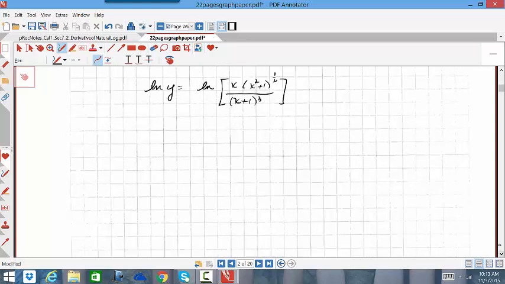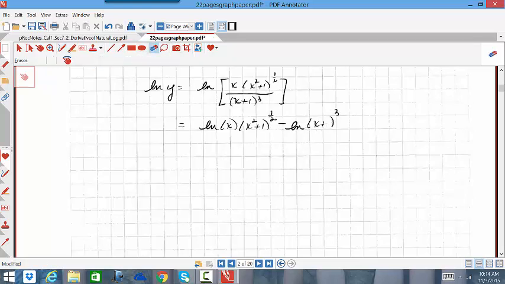Okay, so let's apply all those properties that we know. So this is the natural log of the numerator minus the natural log of the denominator. Oops, that's a 1. Okay.